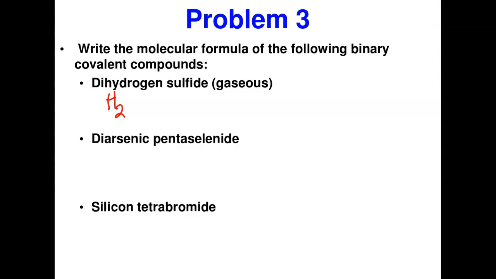But that is fine. In the next one you do, apart from the first element, the second element you need to put the mono. I think I would say, okay, this is dihydrogen, supposed to be monosulfide. I think this is my mistake. This is monosulfide. So this is dihydrogen monosulfide.